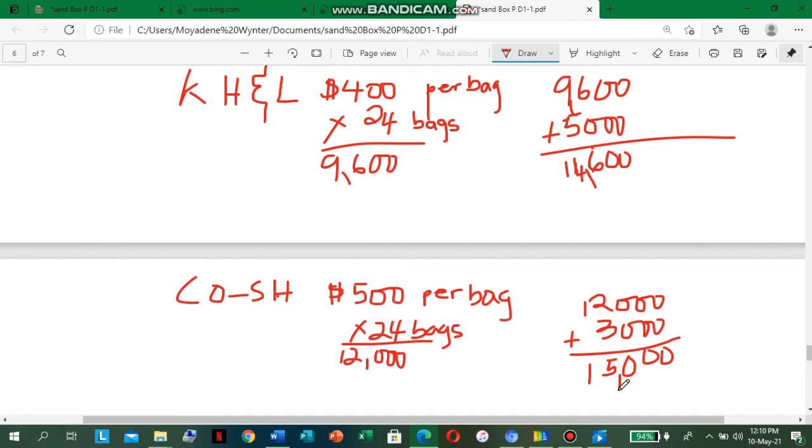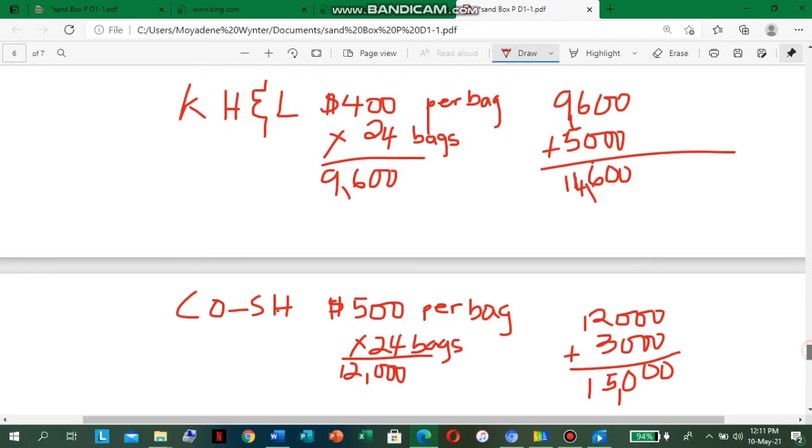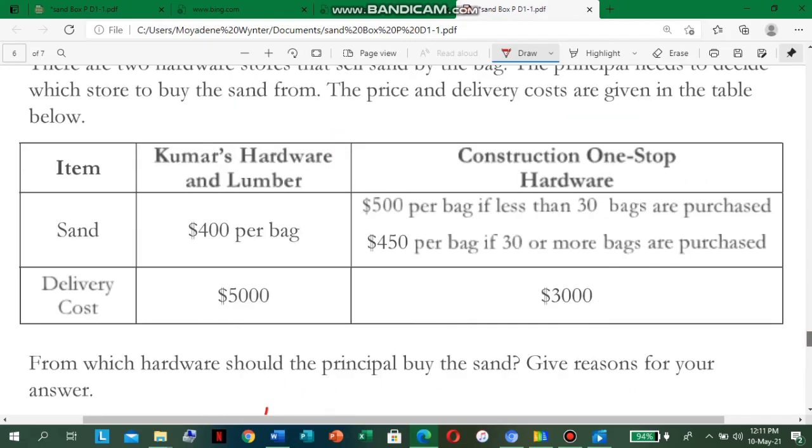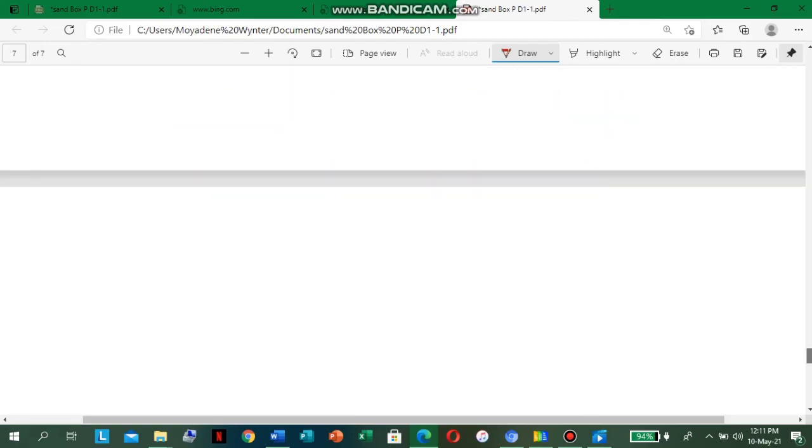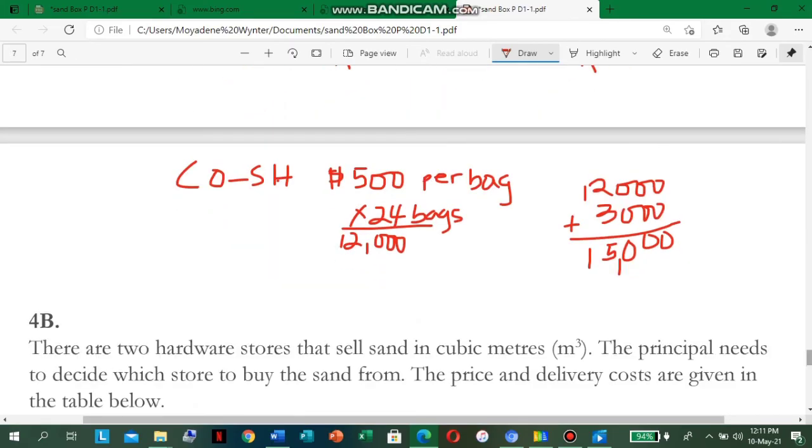Good. Construction One-Stop Hardware is the most expensive one because their total price, if less than 30 bags are purchased, is $15,000 for everything.